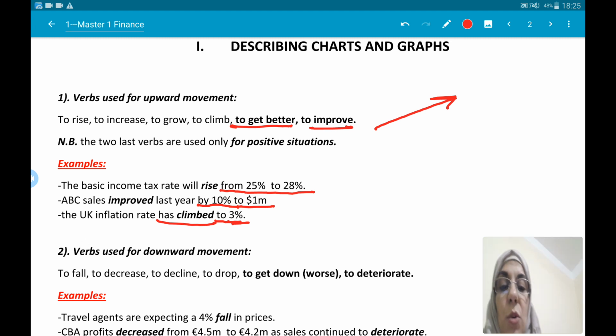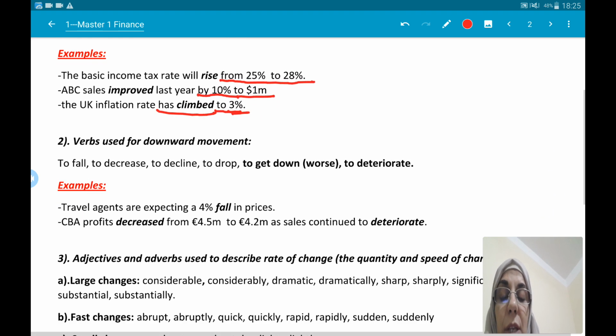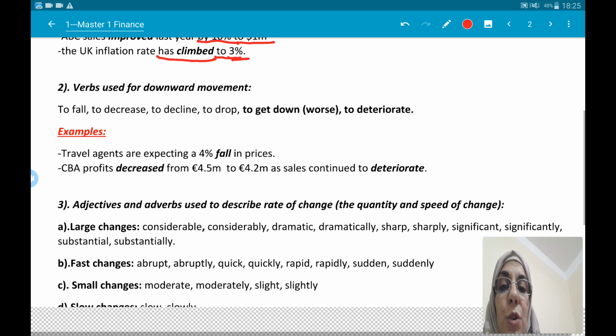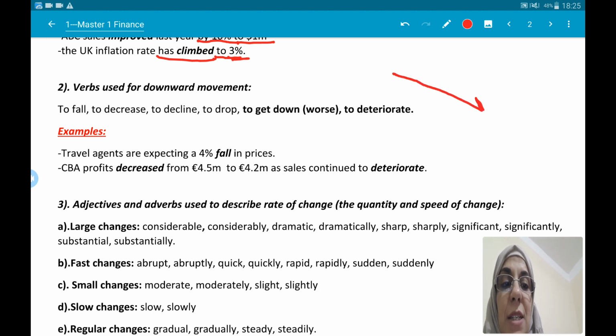Now let's go to the verbs that we may use for downward movement. What do we mean by downward movement? So when we've got a graph or a line in the graph that is descending from the top to the down or from a higher point to a lower point.